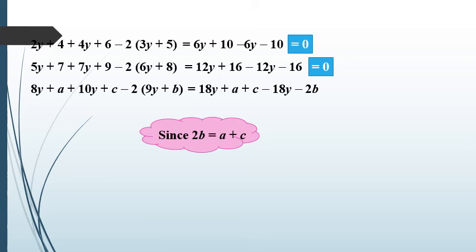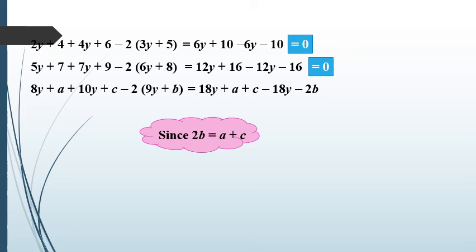So we can see the first element of the first row: 2y plus 4 plus 4y plus 6 minus 2 into 3y plus 5, which is equal to 6y plus 10 minus 6y minus 10 is equal to 0.